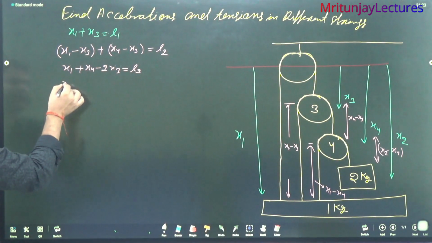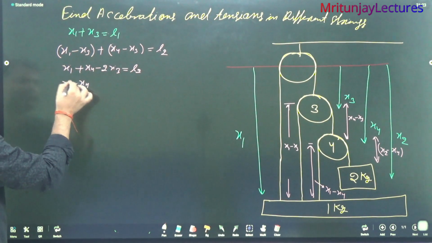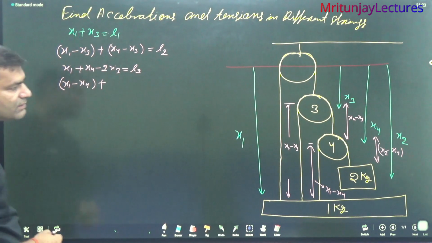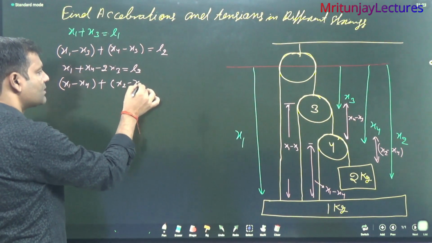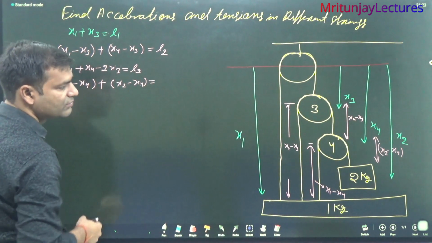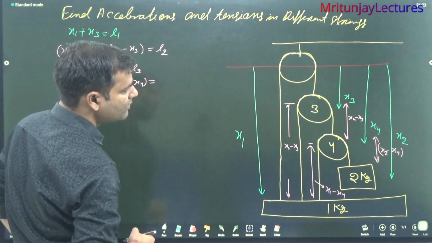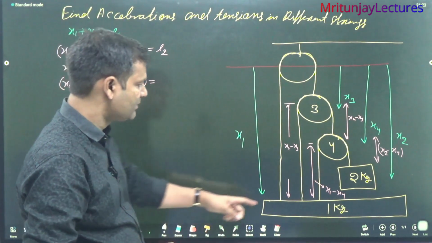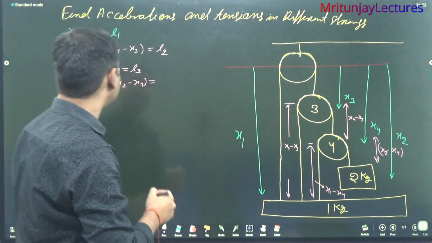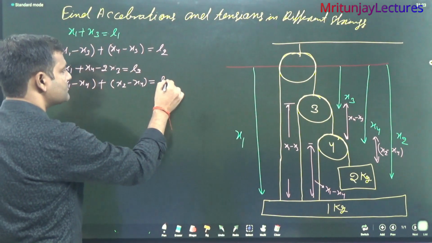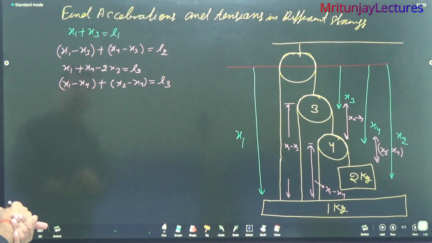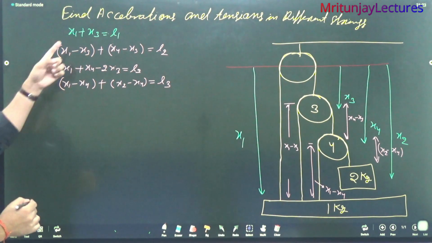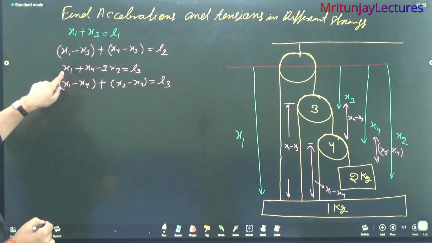So x1 minus x4 plus x2 minus x4 will equal, what about this length? That is L3. Clear or not?